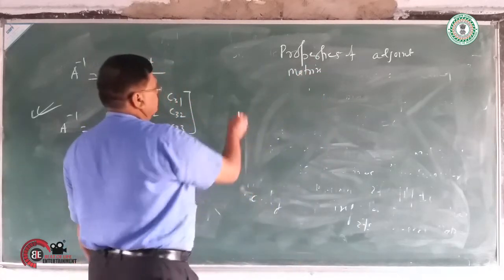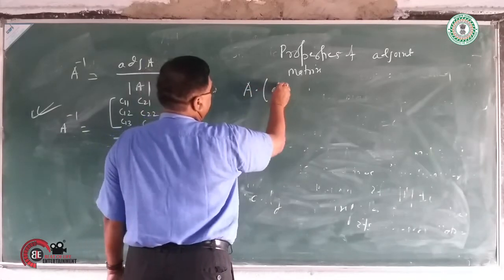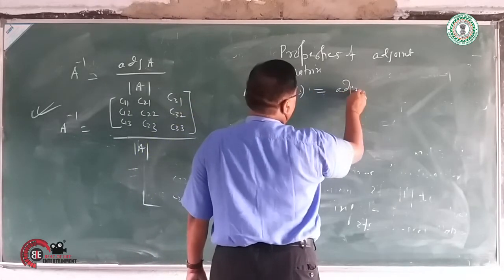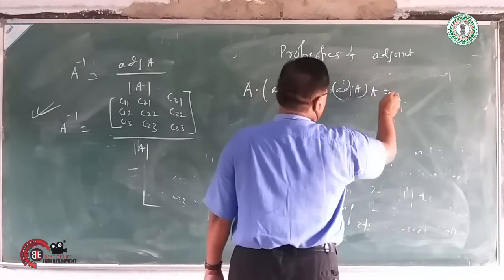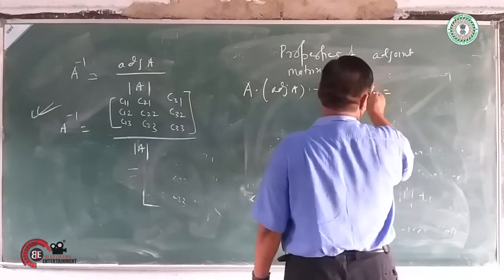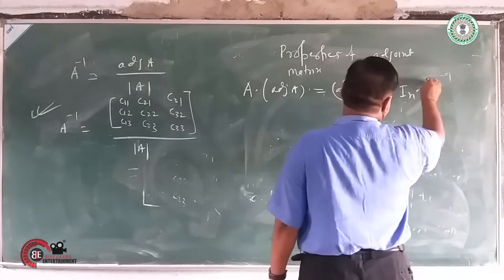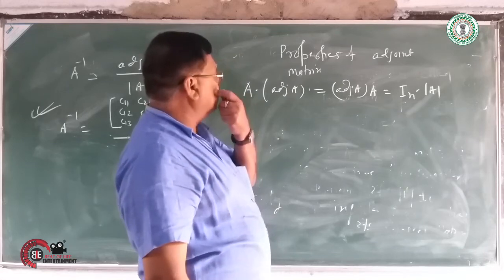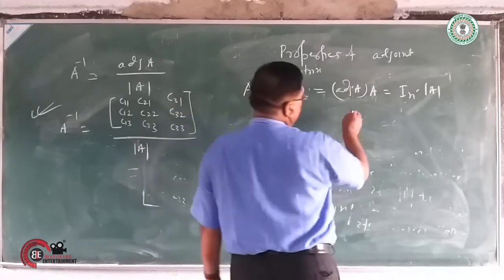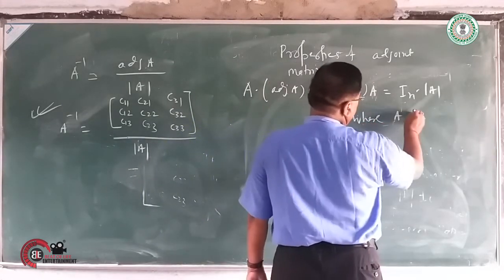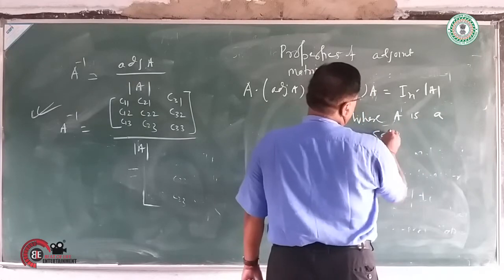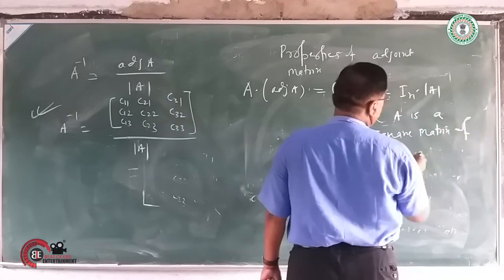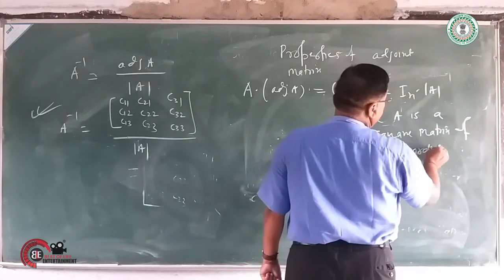A into adjoint A and adjoint A into A are equal to the unit matrix In into determinant A, where A is a square matrix of order n.